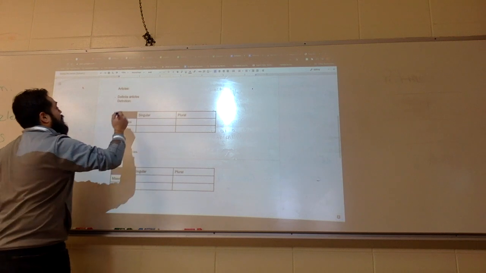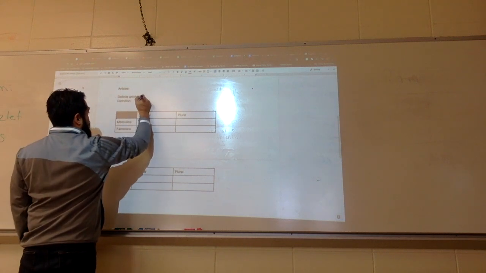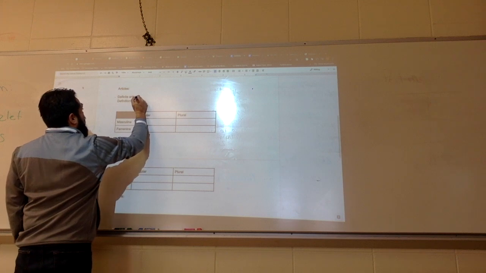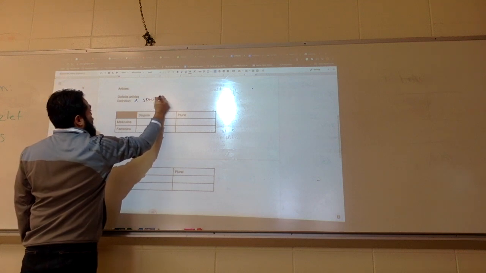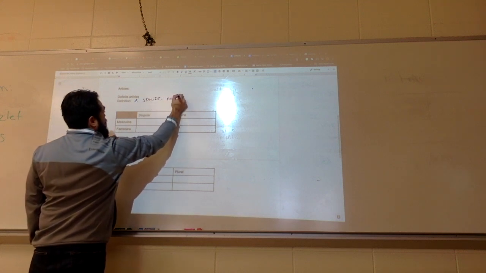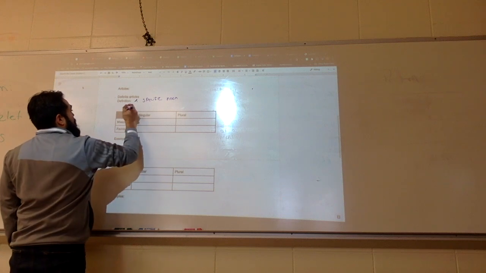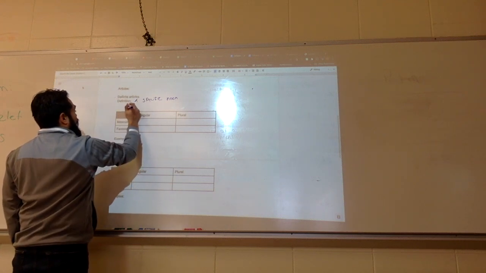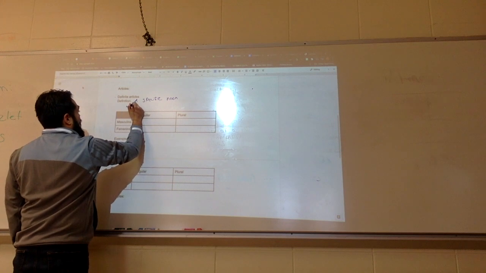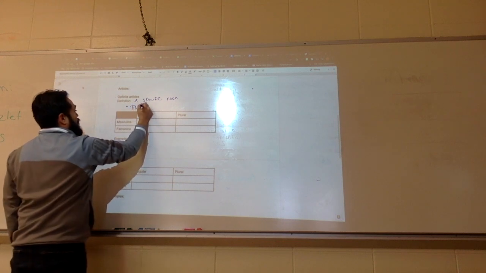A definite article is basically saying a specific noun. If I'm describing a noun and I want to be specific, I'm going to use a definite article. By definition, they mean the.